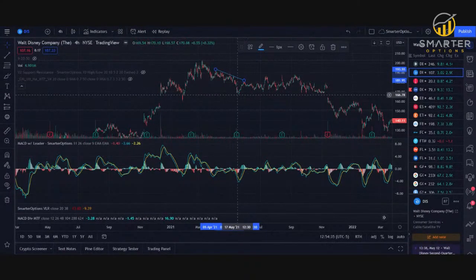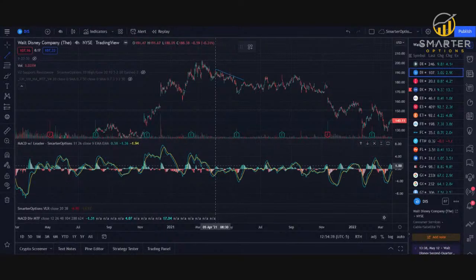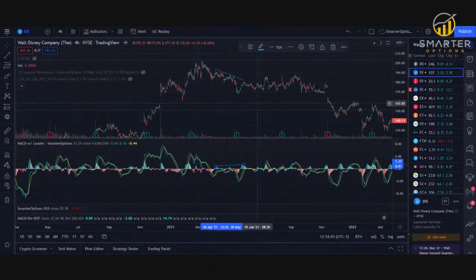That's not one. Okay, so here we're getting lower highs. This is a hidden divergence.